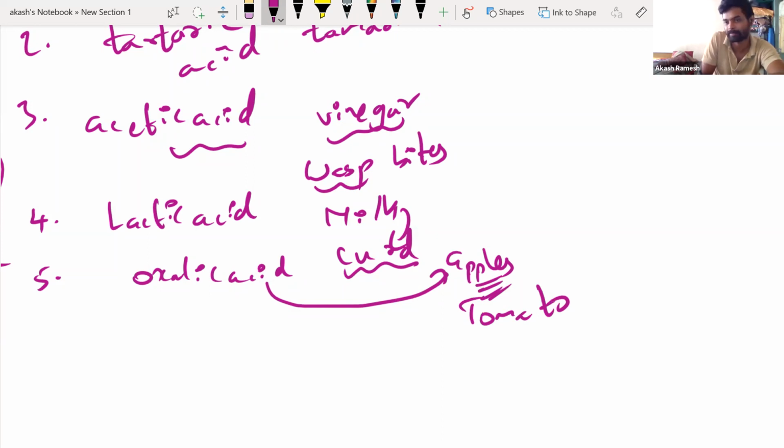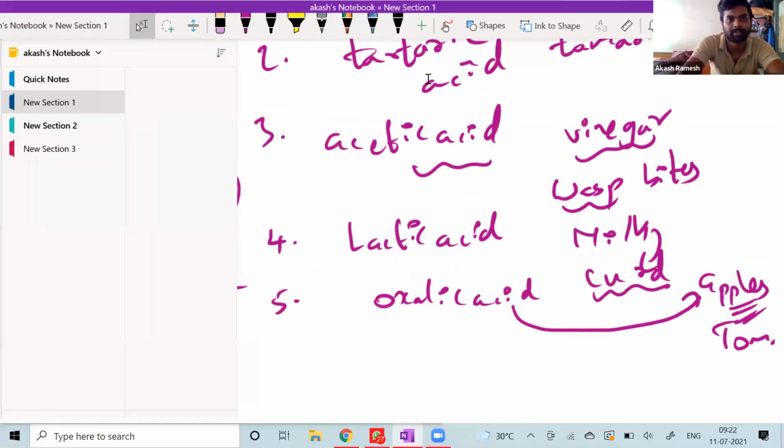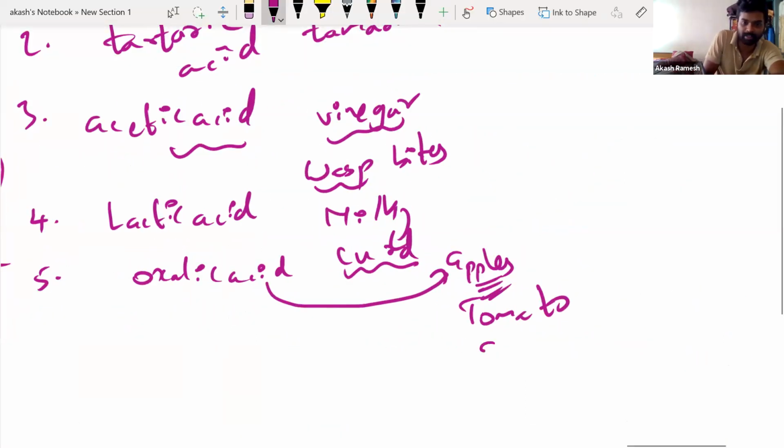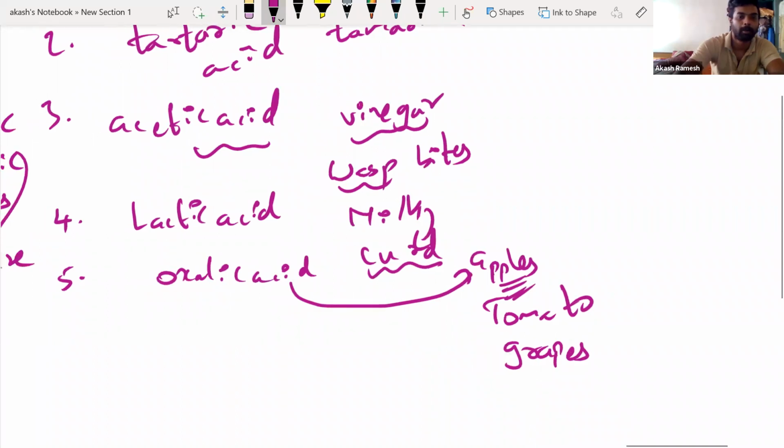It's a fruit. Any guesses? Maybe in the chat box, anybody wants to tell? No? Okay, fine. So the answer is grapes. Even grapes contain oxalic acid. Moving on.